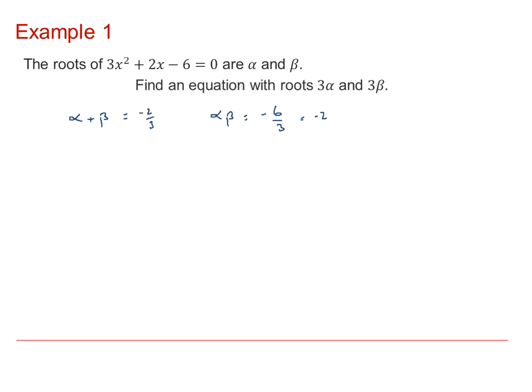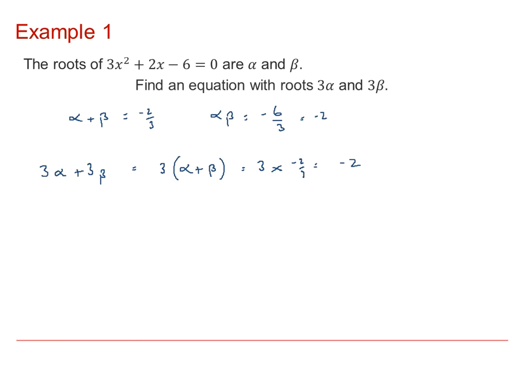Now for the new equation we can work out the sum of the roots. That would be 3 alpha plus 3 beta, which is just 3 multiplied by alpha plus beta. But because we know that alpha plus beta is negative 2/3, this must be equal to 3 multiplied by negative 2/3, which is equal to negative 2.